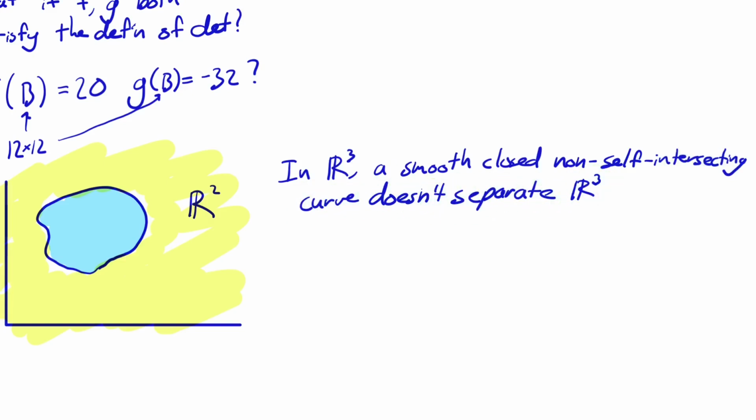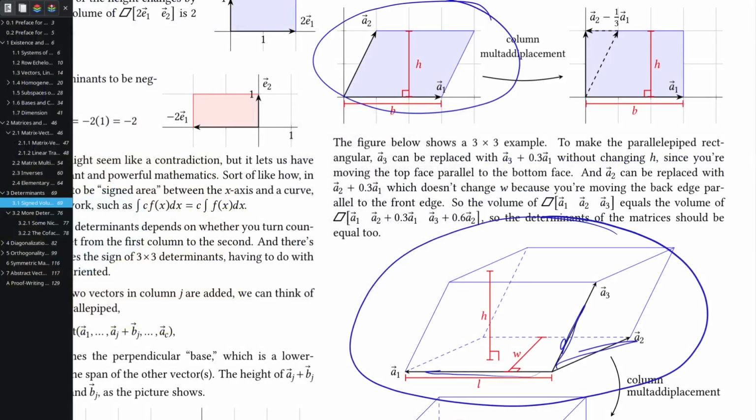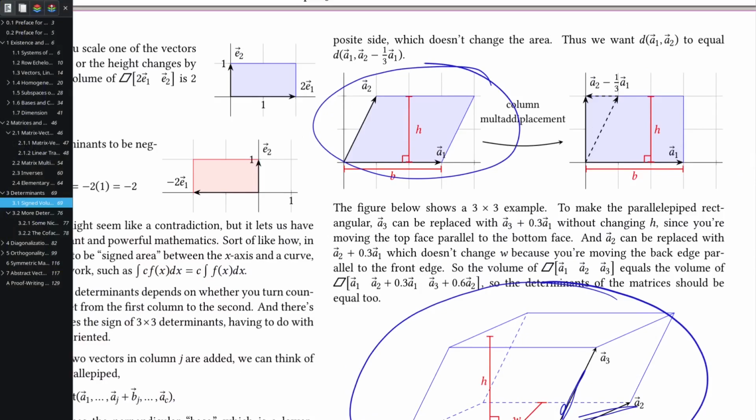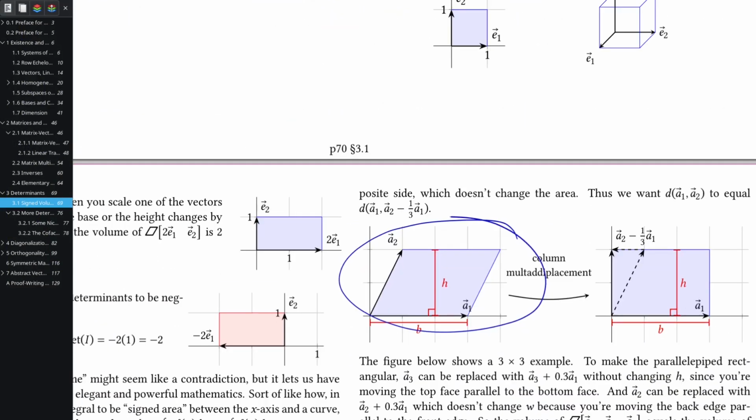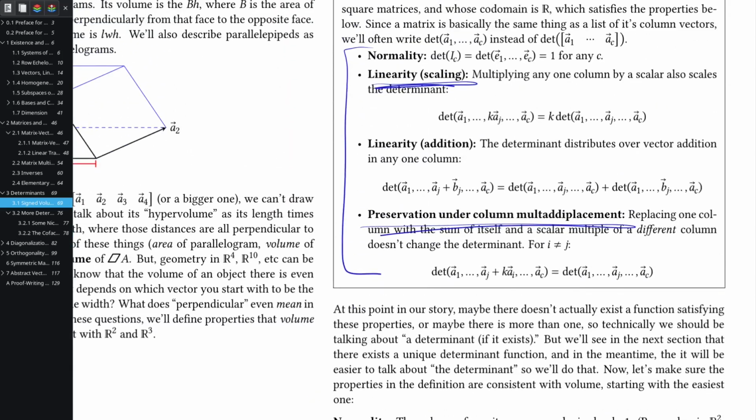In R3, if you just have, like, a loop in the air and space, that doesn't separate R3 into anything. So maybe these properties that we're describing about how the signed volume of parallelograms and parallelepipeds work, maybe these properties don't actually work in R12.